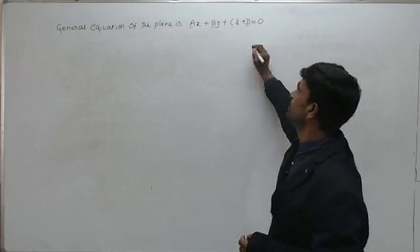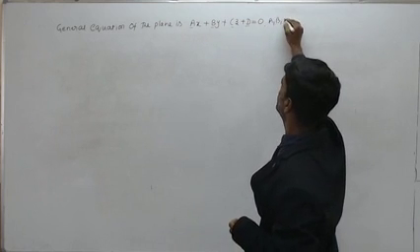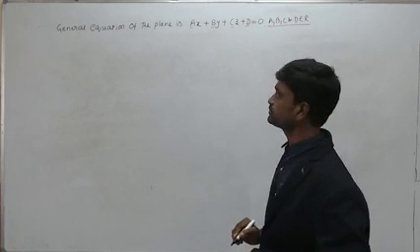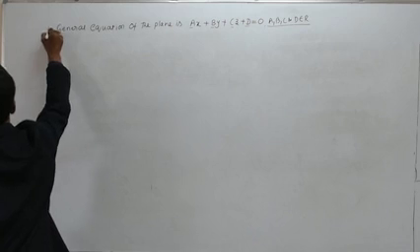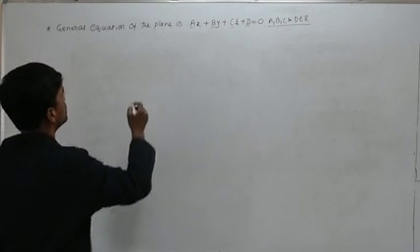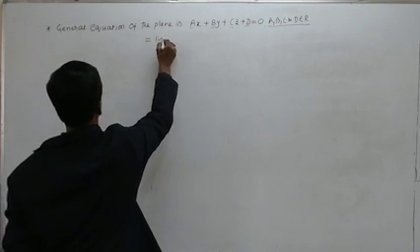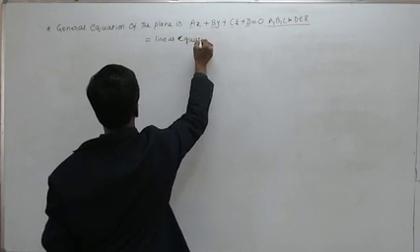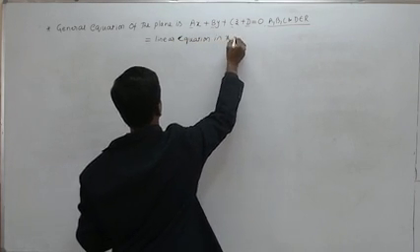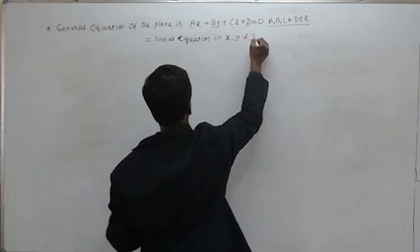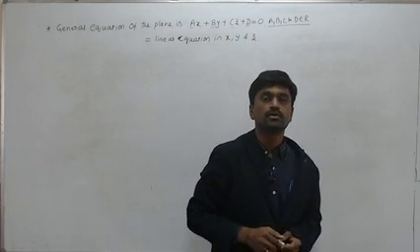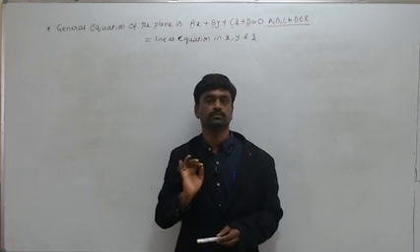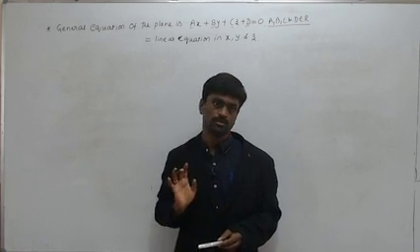So here a, b, c and d are real constants. This is the general equation of the plane, a linear equation in the variables x, y and z. Every linear equation in the variables x, y, z represents a plane in three-dimensional geometry.